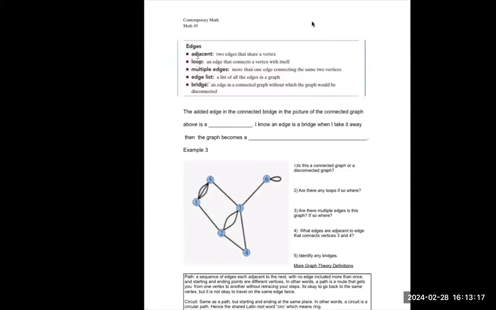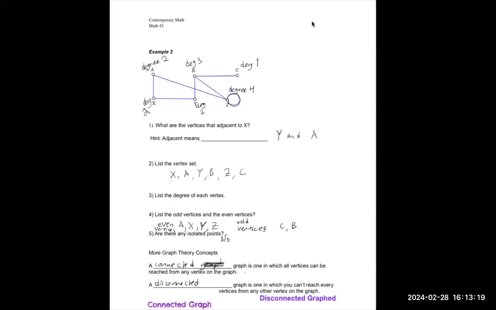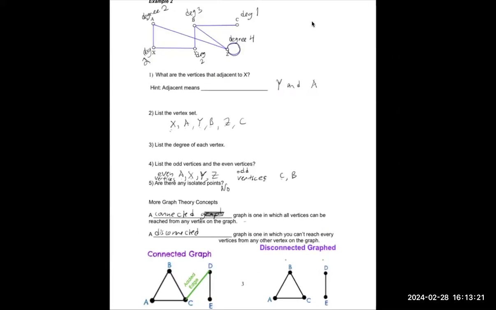So let's go back to the previous part here. See this green line, the added edge in the connected graph? When I added that edge, so if you imagine having the disconnected graph, right? Once I add this edge, now it becomes a connected graph. So they call this edge, this has a special name.